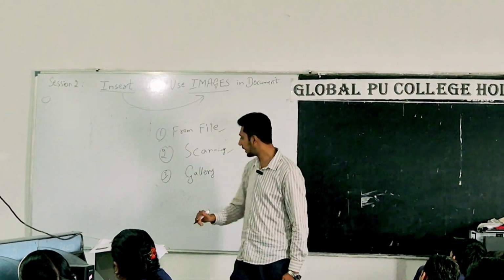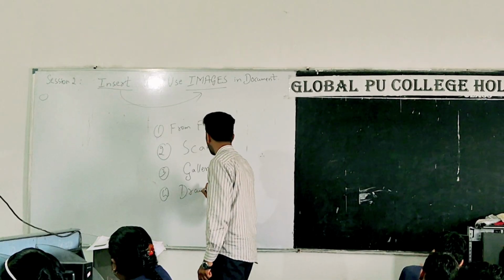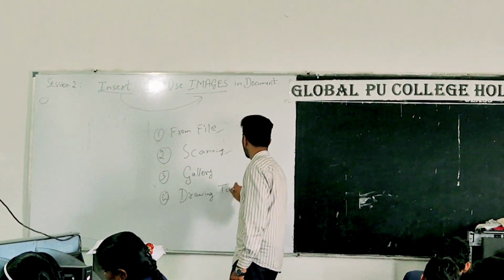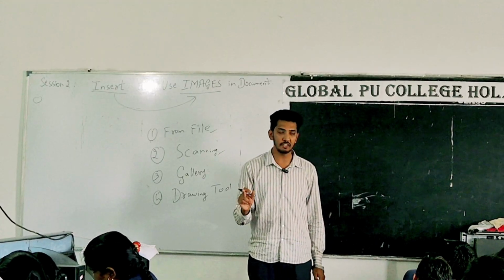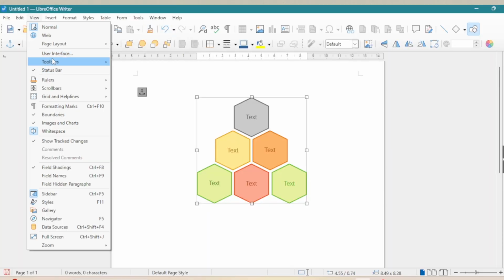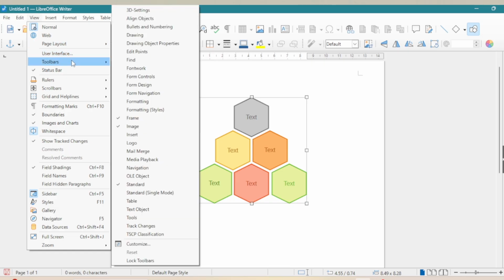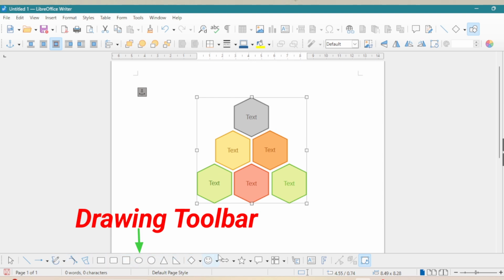Then next we have the drawing tool, which is also inbuilt in LibreOffice Writer. If it is not visible, go to the View tab, select Tools, then choose Drawing tools. It will appear at the bottom of your screen. That is called the drawing tool.